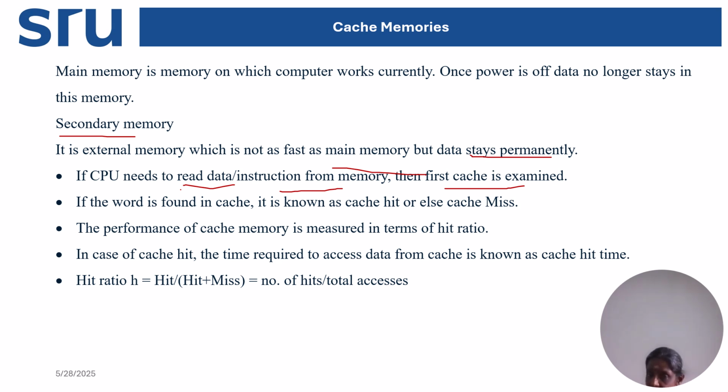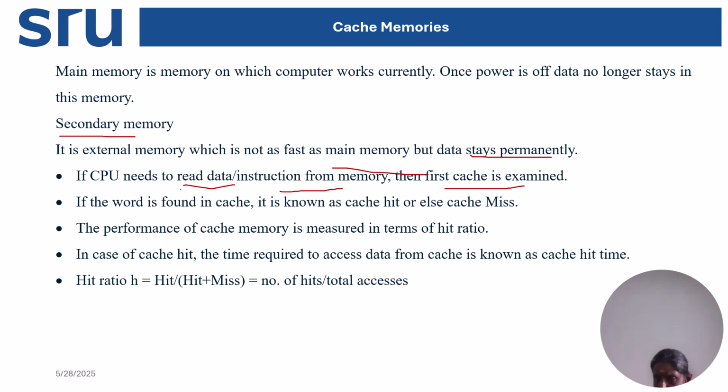It will examine the cache memory. If the data is available, it will be taken and the execution will be completed. Suppose the data is not found in the cache memory, then the CPU moves to main memory.